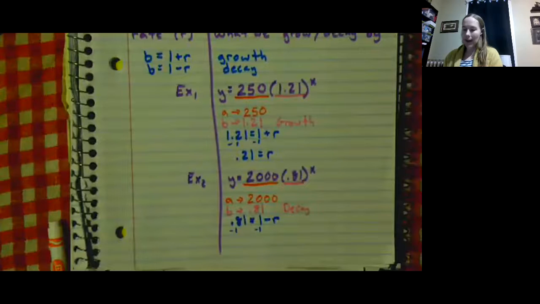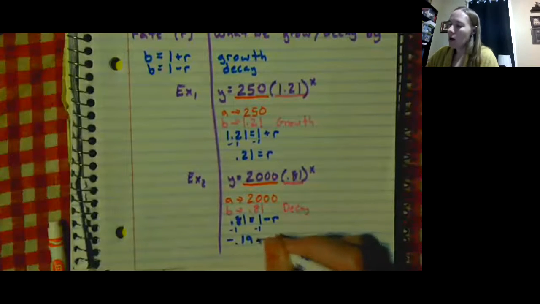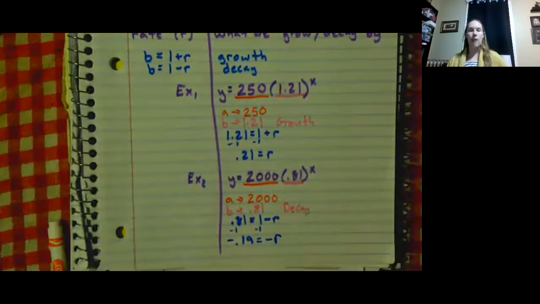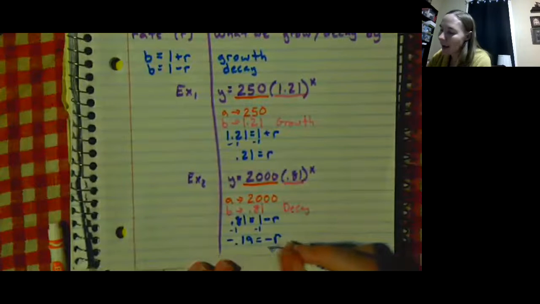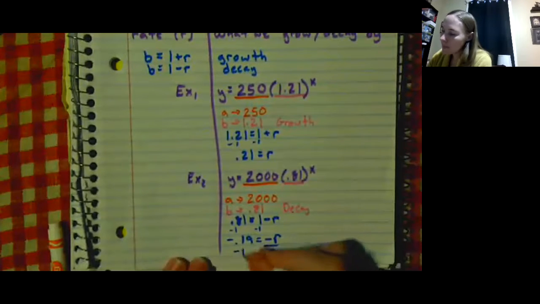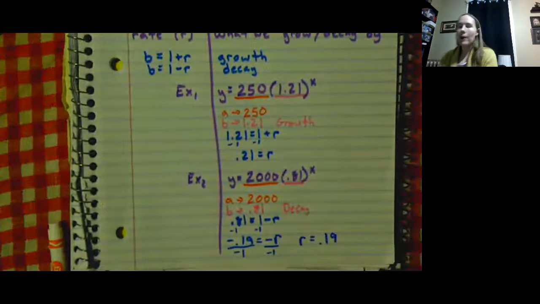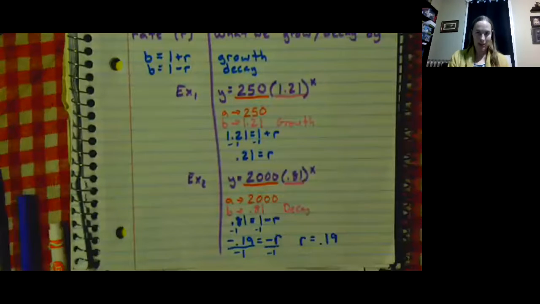So 0.81 minus 1 gives me negative 0.19. But remember, this has to stay negative, so it equals negative r. To make the r positive, you want to either multiply or divide both sides by negative 1. So I'm going to divide each side. Our rate here is 0.19 or 19%. So my car is depreciating by 19%.